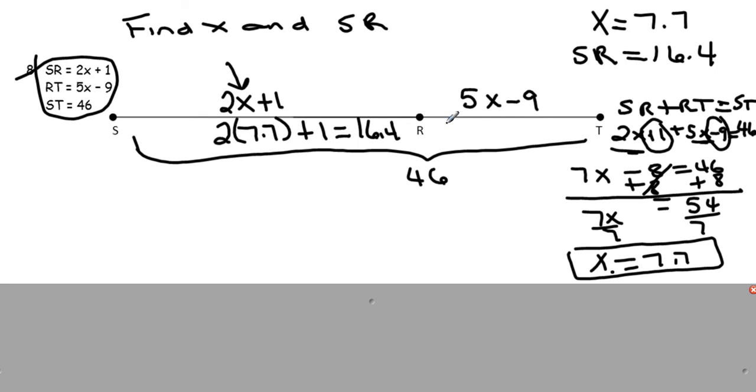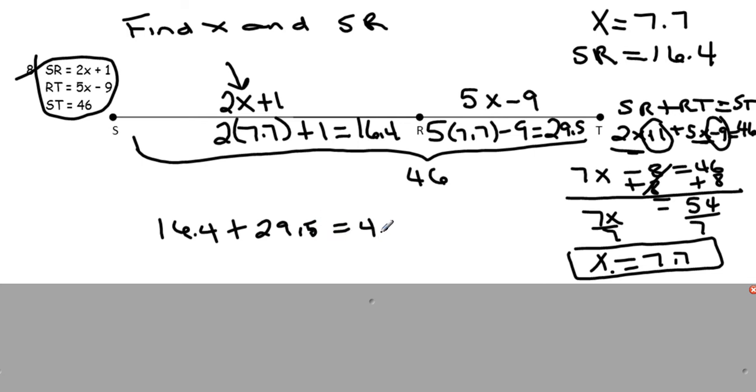So then I did 5 times 7.7 minus 9, and I got about 29.5. Okay, so 16.4 plus this 29.5 should equal about 46, and it actually comes out to 45.9, but that's because we rounded to the tenths here. So really, if we had kept all of the repeating digits, we would have gotten 46 when we plugged in x.